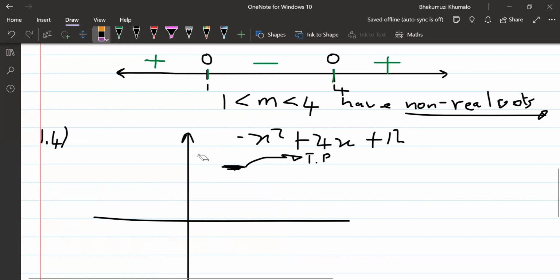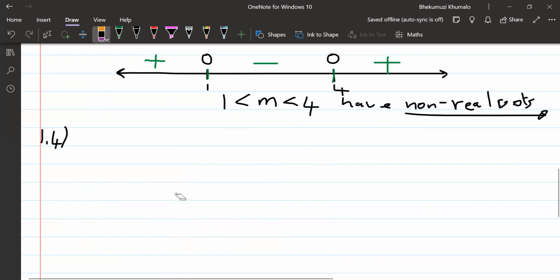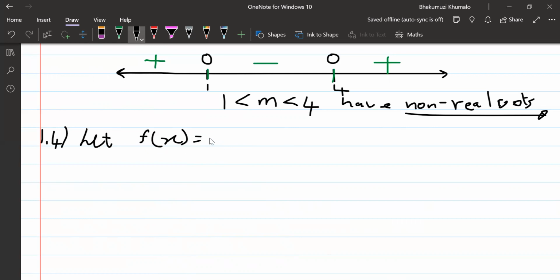But what do we know about quadratic functions and turning points? We would say negative x squared plus 4x plus 12. We could do it two ways. Let me fully explain this. So I'm going to write it fully. I'd say let f of x be equal to 4x plus 12, to show that I'm thinking of it as a function of numbers.